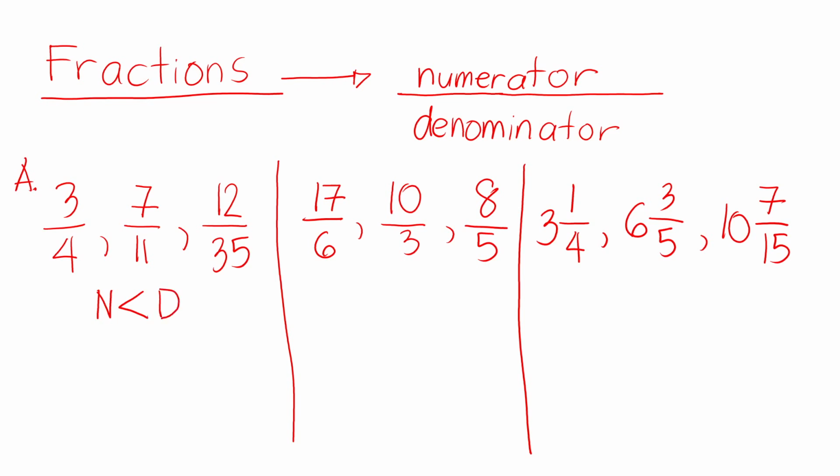Is this correct? Yes. When I say less than, the numerator is smaller than the denominator. Those are my examples in letter A. In letter B, what is your observation? Now the numerator is bigger and the denominator is smaller. So the numerator is greater than the denominator. That's a good observation.